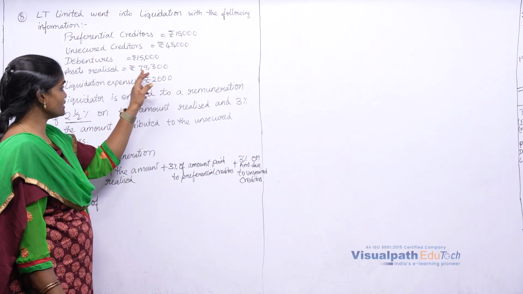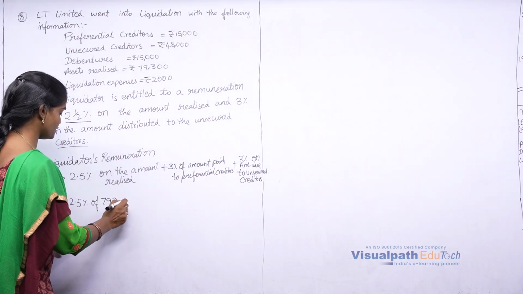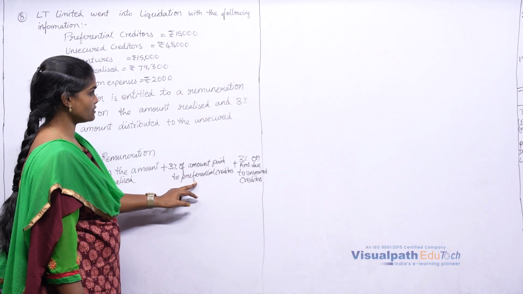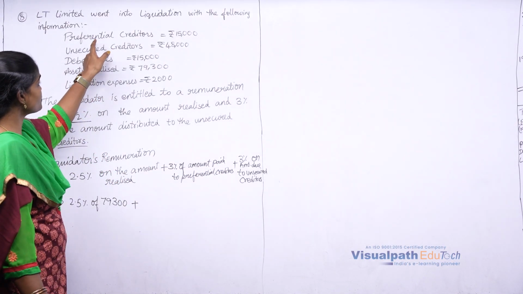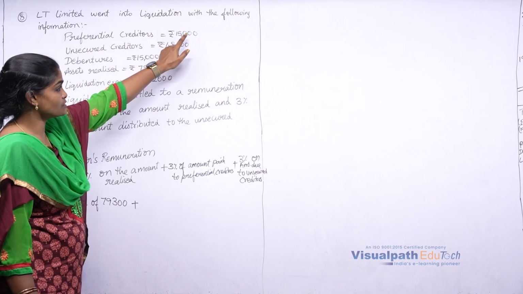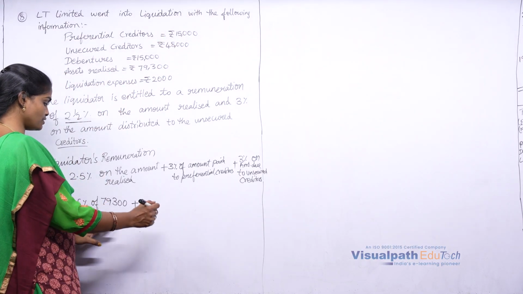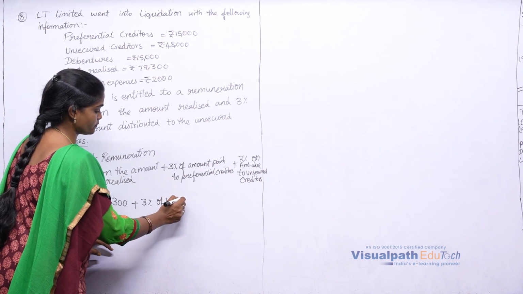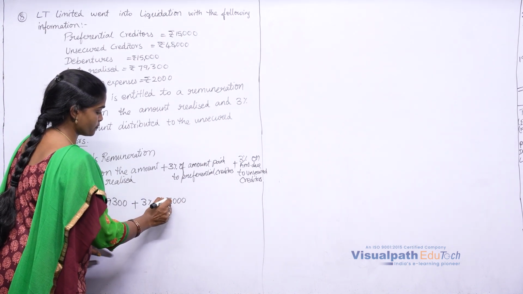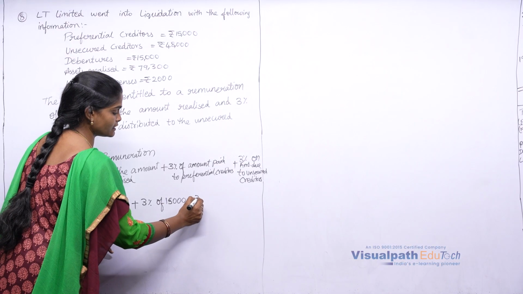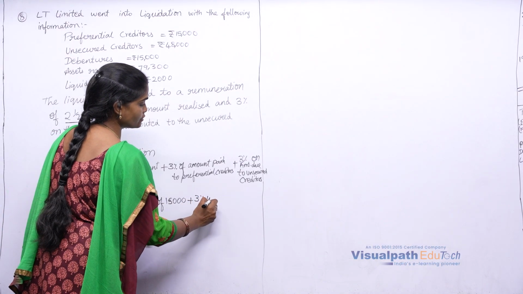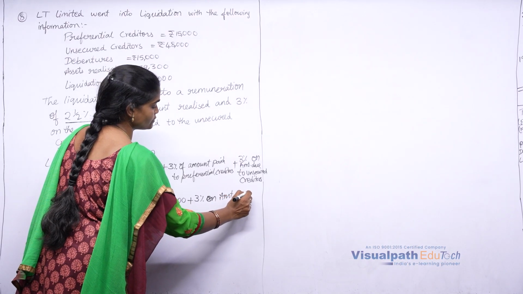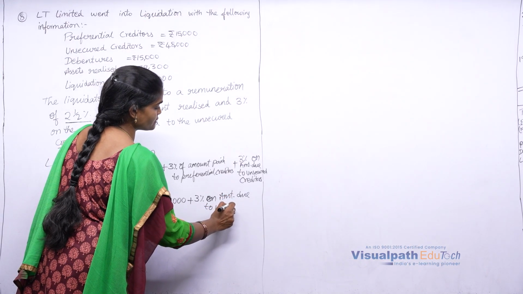So 2.5% on amount realized. How much is the amount realized? 79,300, plus 3% on amount paid to preferential creditors. Here, how much is the amount paid to preferential creditors? 15,000. First priority will be given to preferential creditors. So 3% of 15,000 plus, keep this as it is. After doing the working notes, we will do 3% on amount due to unsecured creditors.